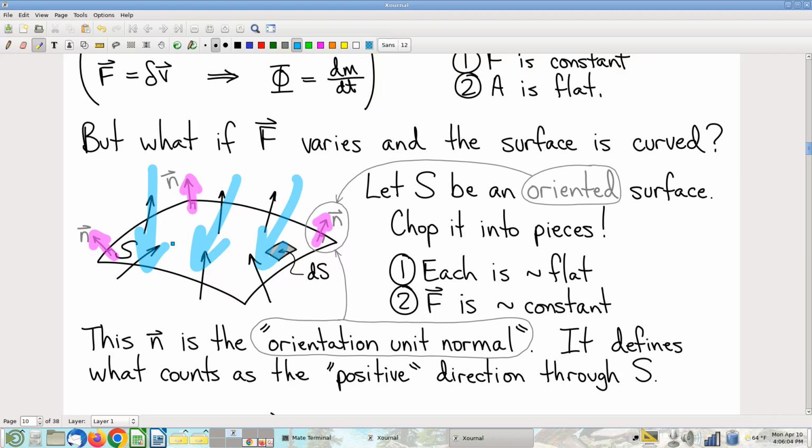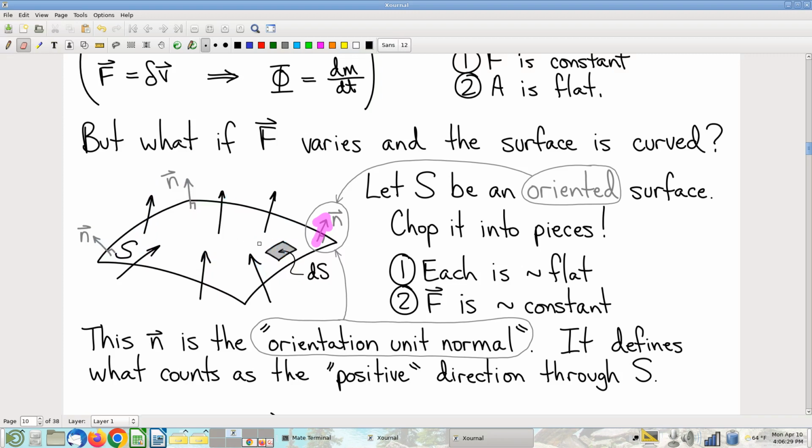And so when the flow is going downward, that will get measured as being negative flux. We interpret that as negative because it's in the opposite direction of the direction that the normal vectors are pointing. So whichever direction your unit normal vectors point, that defines what is the positive flux direction as opposed to negative.